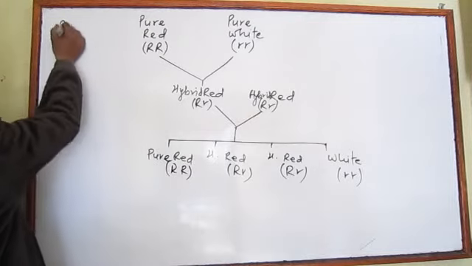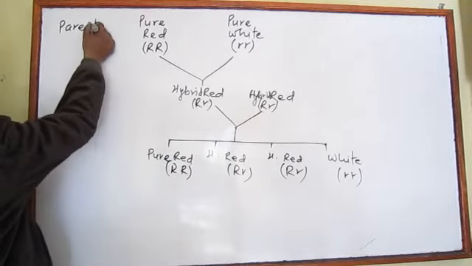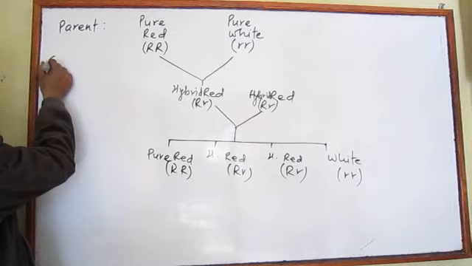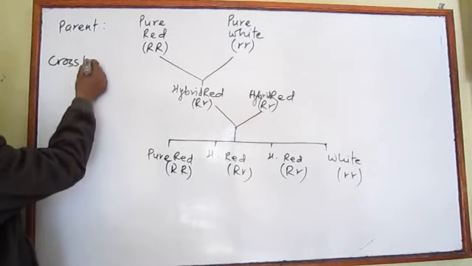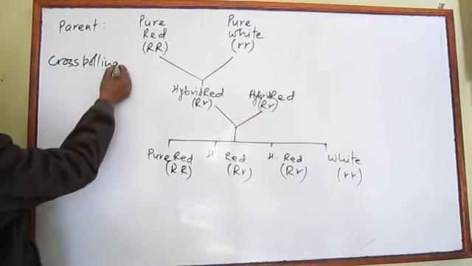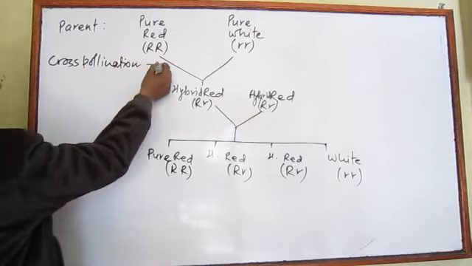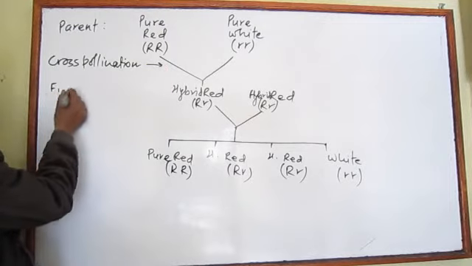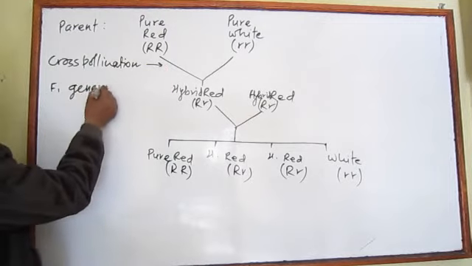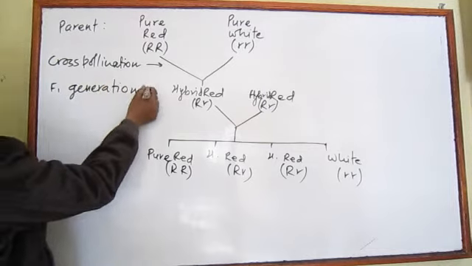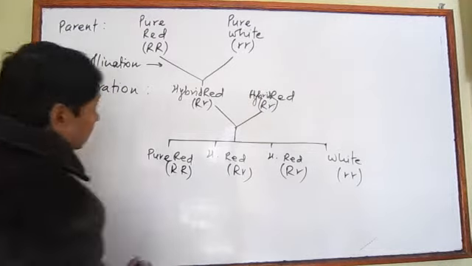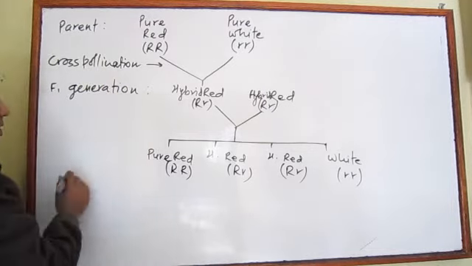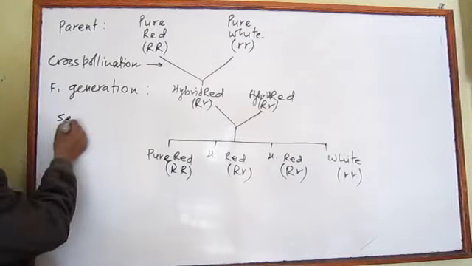This is the parent, and this is cross-pollination. Cross-pollination is done between this pure red and pure white, and this is the F1 generation. The result in the first generation is all red, but hybrid red, and this is self-pollination.